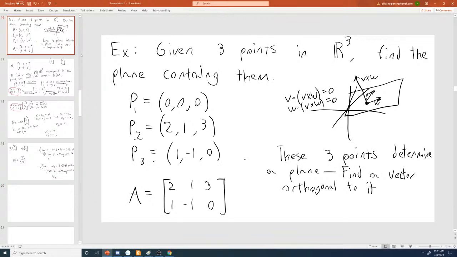These give us vectors. We put the vectors in a matrix and then find the null space of the matrix. Pick any vector in that null space, and you'll have a vector that's orthogonal to your plane. So this is one way that we're going to start generalizing the ideas of multivariable calculus to higher dimensions.